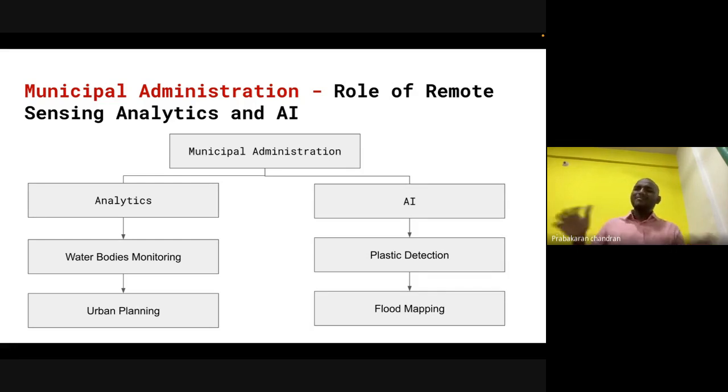So now if we have the crop mapping and we assess the flood extent, we can easily calculate the flood-affected plantain area, how many acres of plantain have been affected, how many acres of paddy have gone under floods. So all those things you can do.